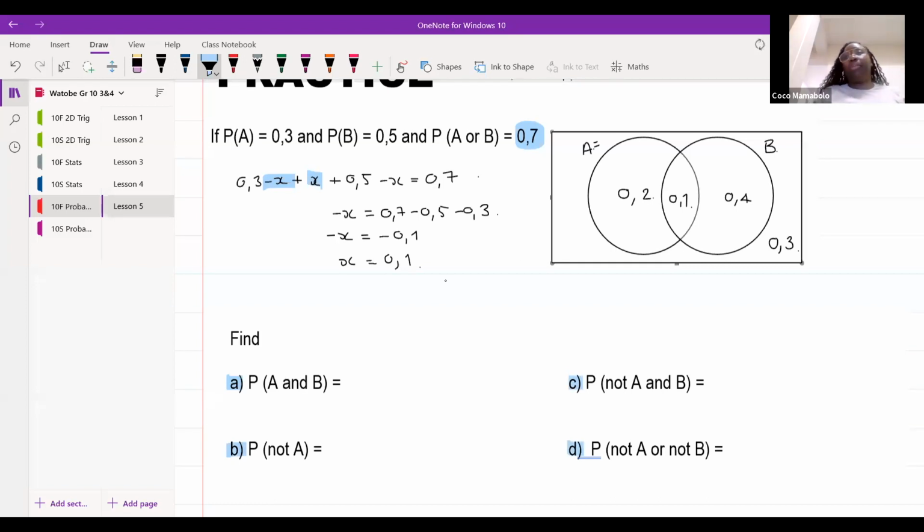Okay, Matebele, what's up? Hello, ma'am. Hello, my sweetie. What's going on? I wanted to ask, is it okay if I said P(A and B) is equal to P(A) plus P(B) minus P(A or B)? Correct, because that is the addition rule. But remember, the addition rule comes when we have an or in the middle, not an and.